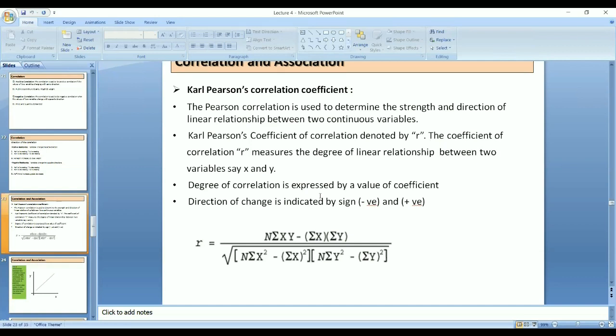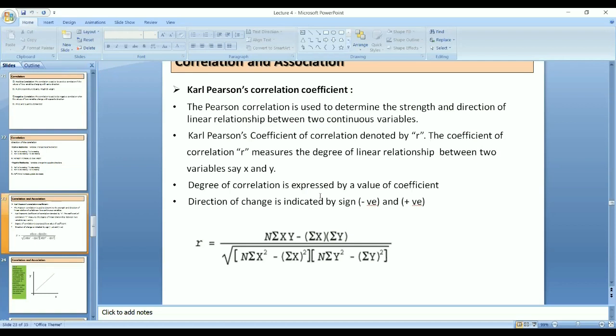You can write down this formula, because after that we are seeing one example on this. It is n times the sum of x into y, minus sum of x into sum of y, divided by the square root of n times the sum of x square minus the whole square of sum of x, and the same for y.